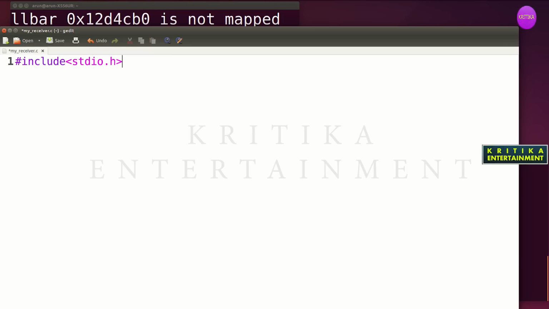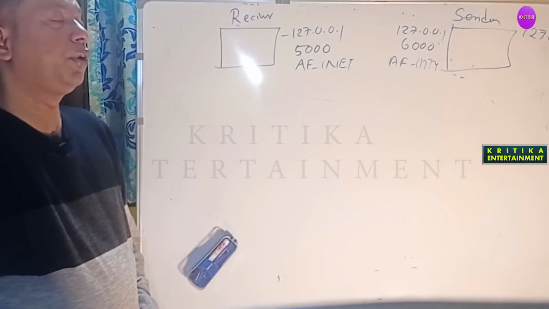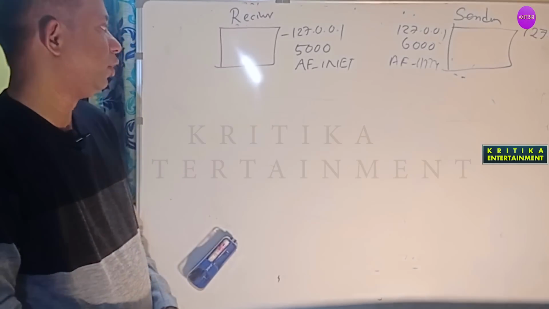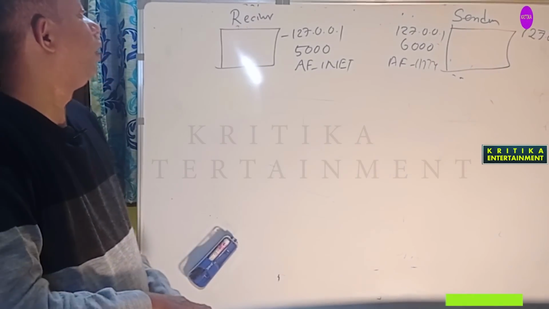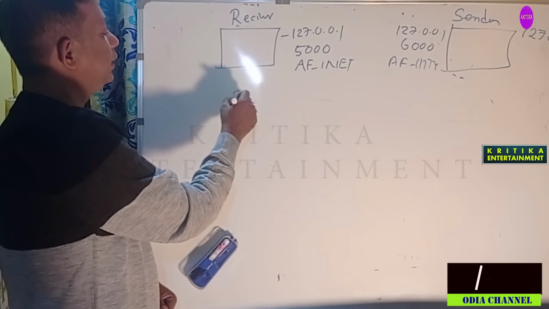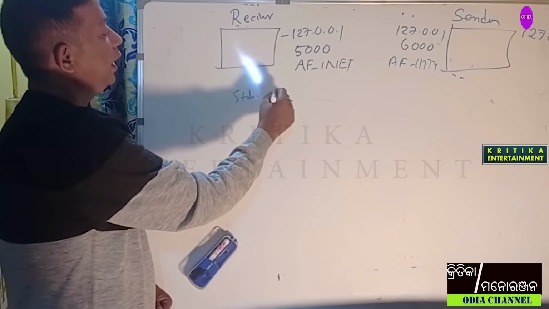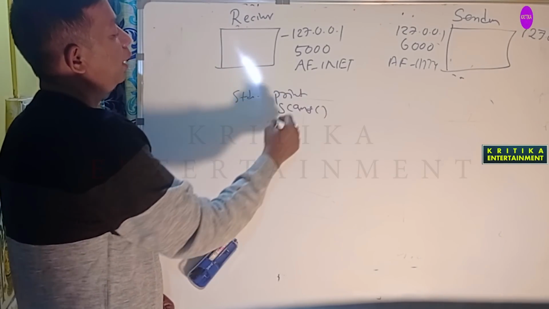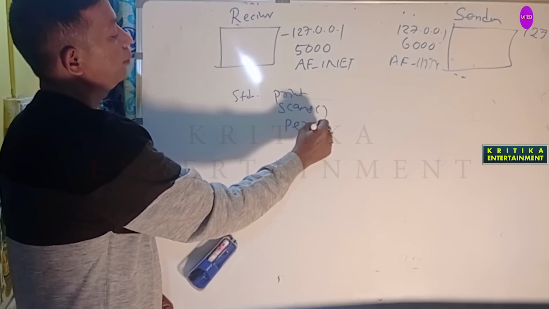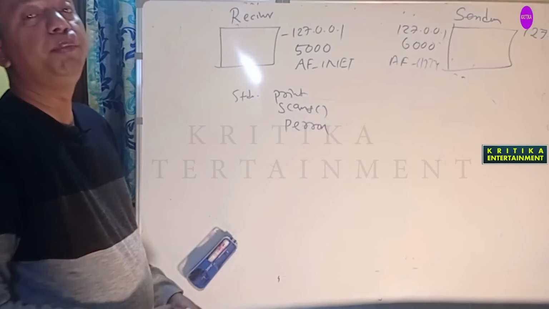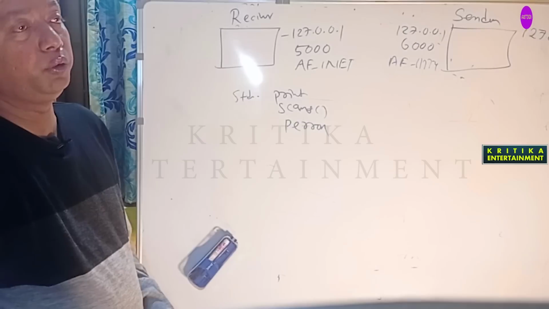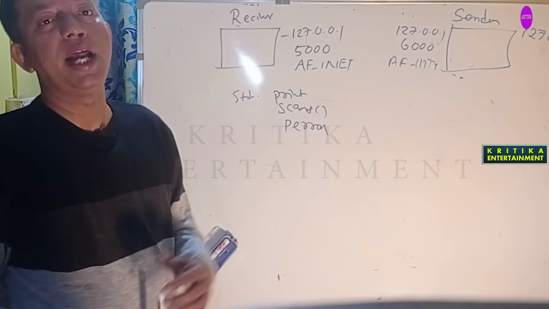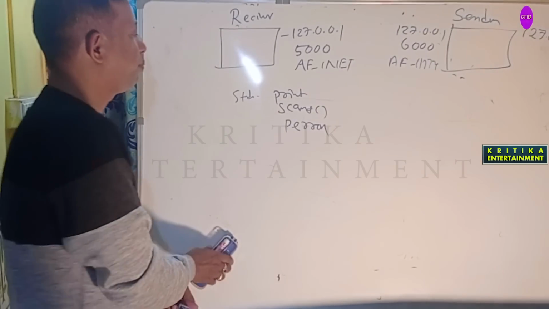All of you know this is a basic program, which gives printf, scanf, and perror. perror defines the socket error automatically: whichever type of error occurs, perror prints that error message.